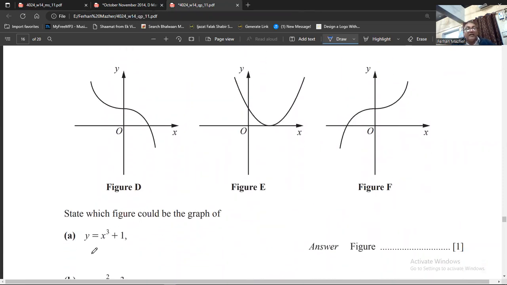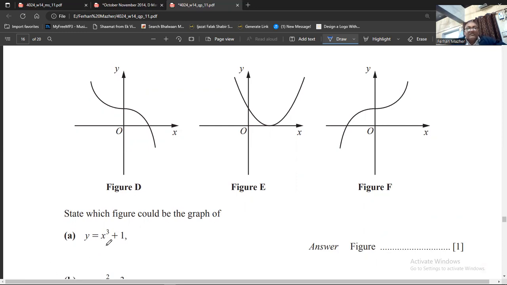Here, if I put a positive number in the place of x, the y value will always be positive. If I put a negative number, y will also be a negative number.